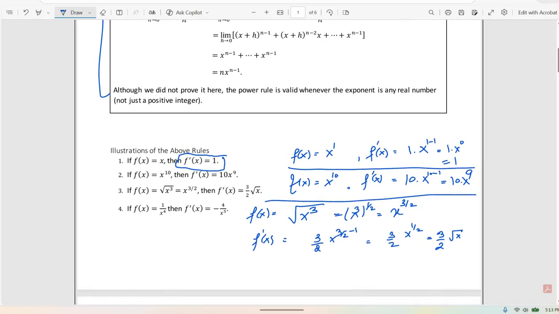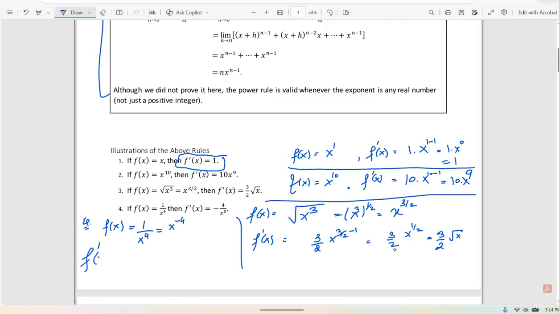What about the last one here? Number 4. f of x is 1 by x to the power 4. It's a reciprocal of x to the power 4, so that basically can be written as x to the power -4.